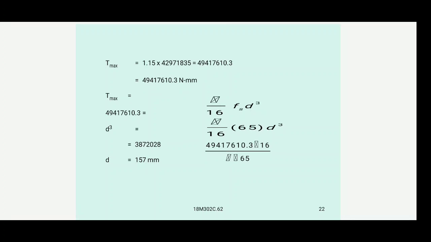T maximum is equal to 1.15 into 42,971.83, that is equal to 49,417.610 Newton meter.